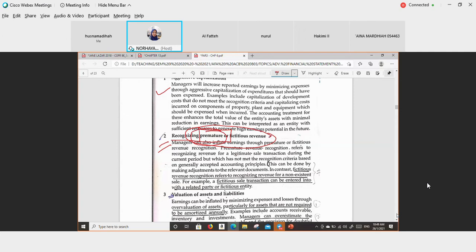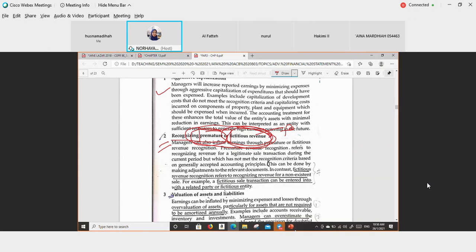You record the sales this year because you want to make sure the earnings look good. Sebab tu dia akan record premature revenue. Sama juga fictitious revenue, ini baru fake. Ini baru dia beza lah. Premature revenue and fictitious revenue are two different things, but they are actually doing this for the purpose of increasing revenue. Understand? Okay.